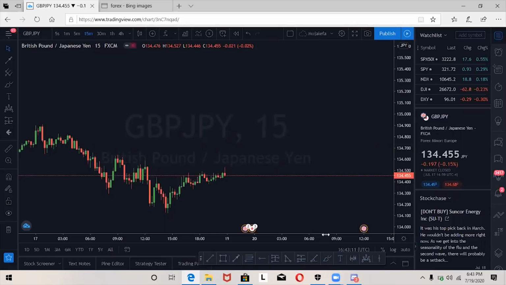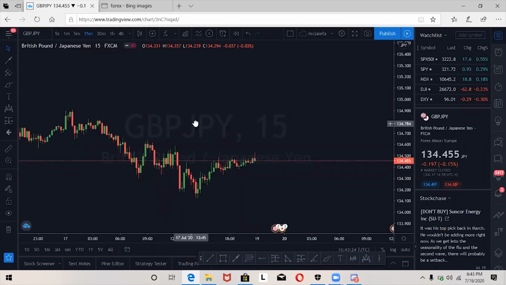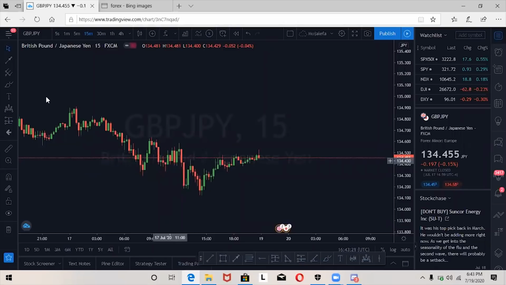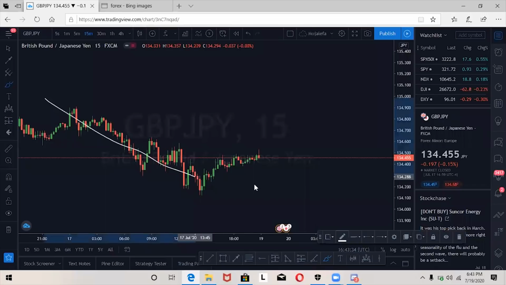So for example, if there is a news event 15 minutes from now or 17 minutes from now, you can just check this pair and check the recent movement. If you can see the recent movement, this pair was actually going down, going to the downside.